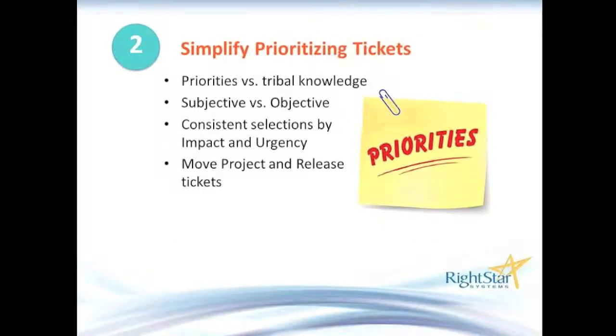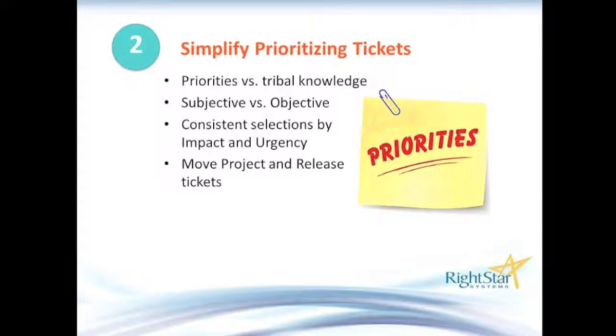Let's go to item two. These will move a little bit faster. Item two is something we all do. It's the priorities. Well, we know, according to ITIL, that our priorities are set based upon impact and urgency, right?